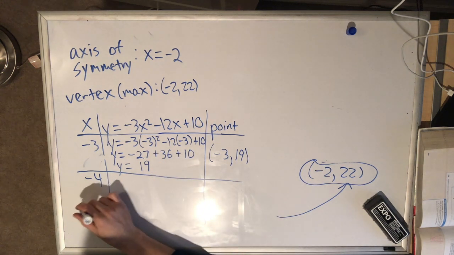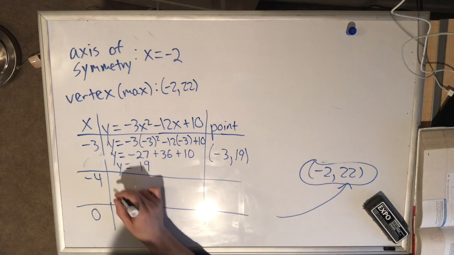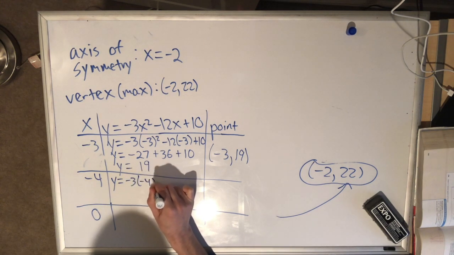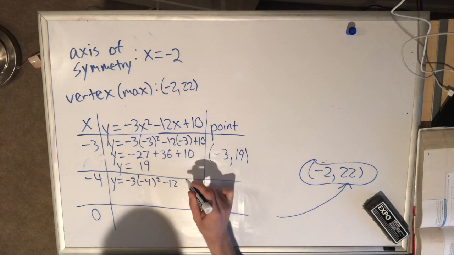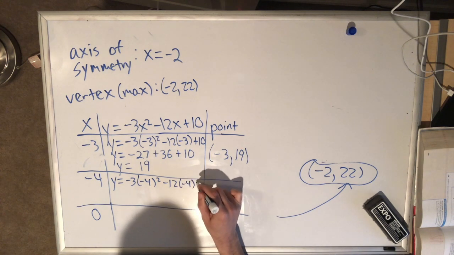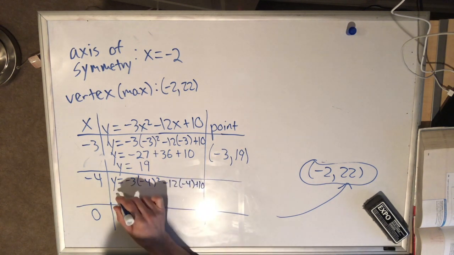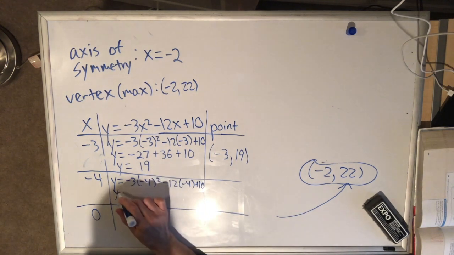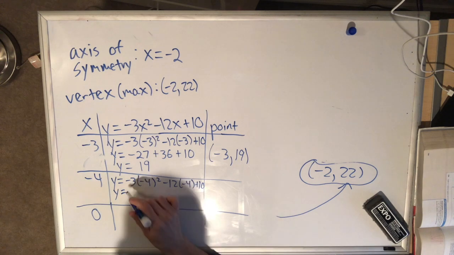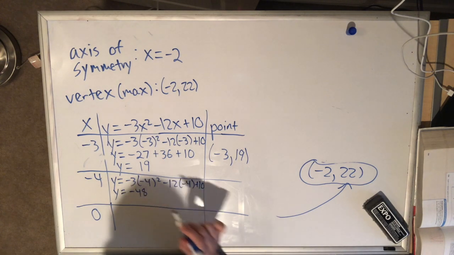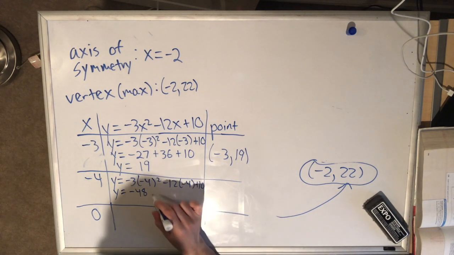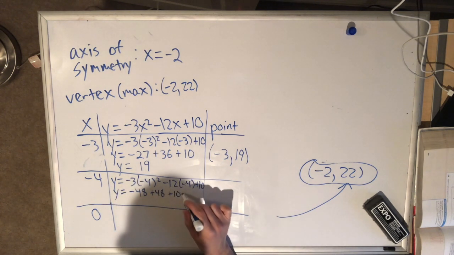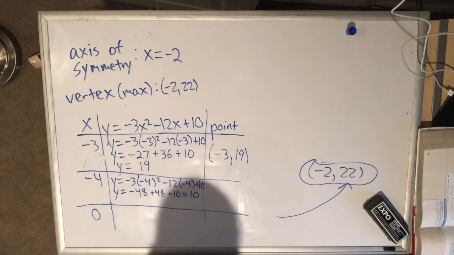And then substituting in negative 4 for x, y equals negative 3 times negative 4 squared minus 12 times negative 4 plus 10. Negative 4 times negative 4 is positive 16. Negative 3 times 16 is negative 48. Negative 12 times negative 4 is positive 48. Plus 10, we get 10.